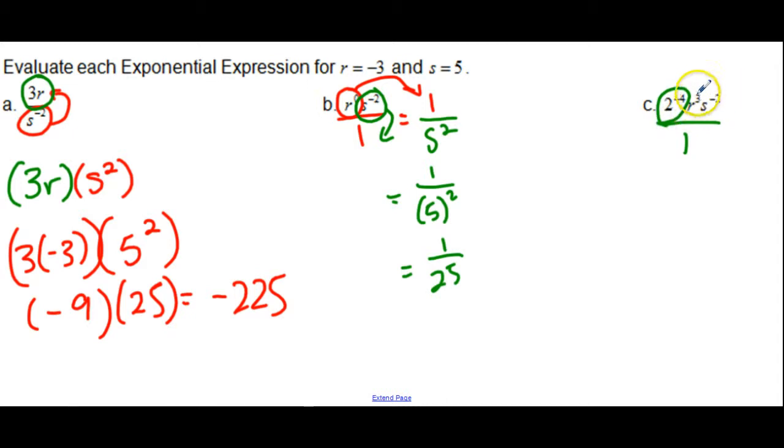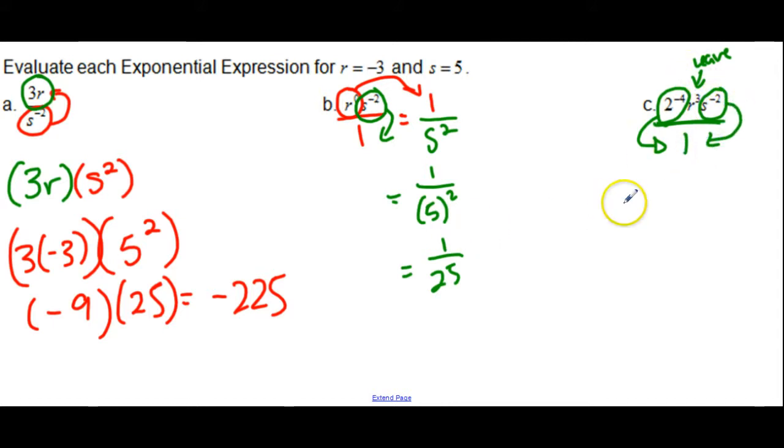R to the positive 3, leave it. S raised to the negative 2, that's also got to go. So to make this positive, we have to put that on the bottom, right? It was on top, now you have to put it on the bottom.